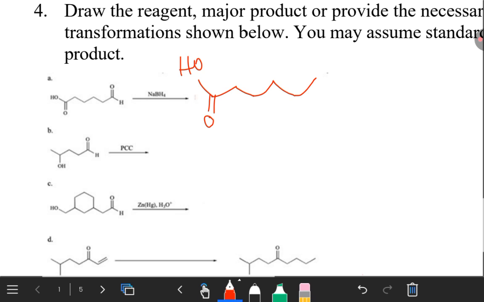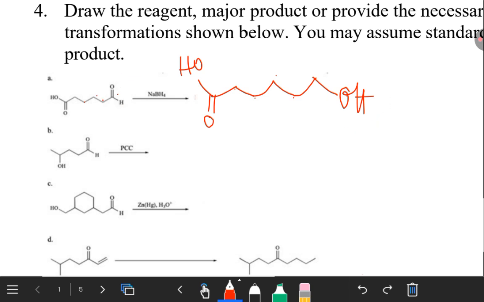So we have 1, 2, 3, 4, 5, 6. Then we're going to add a primary alcohol like that. So this is the solution for the first question. The aldehyde has been reduced to a primary alcohol.